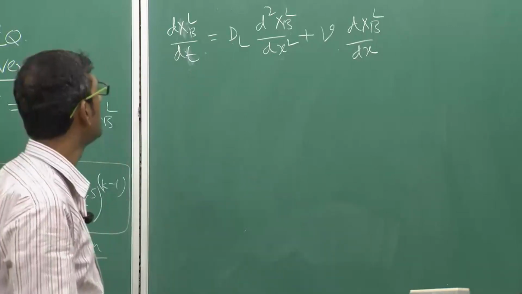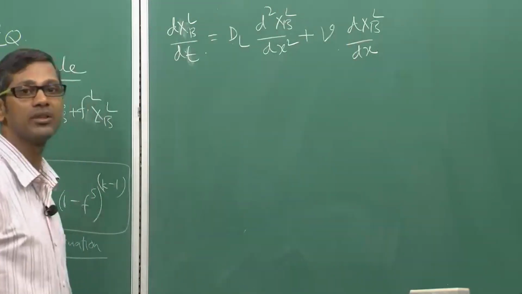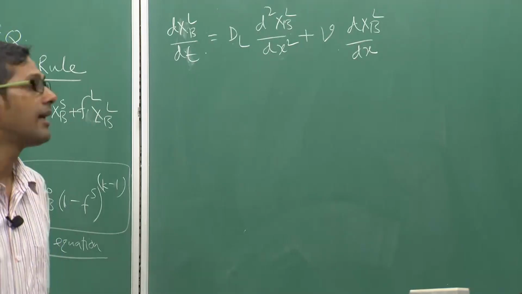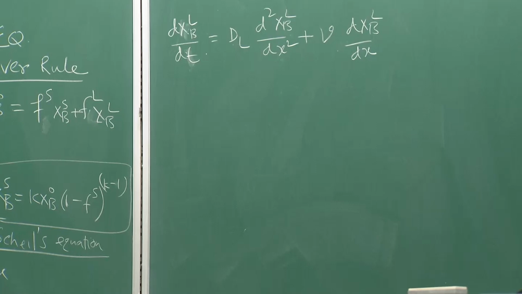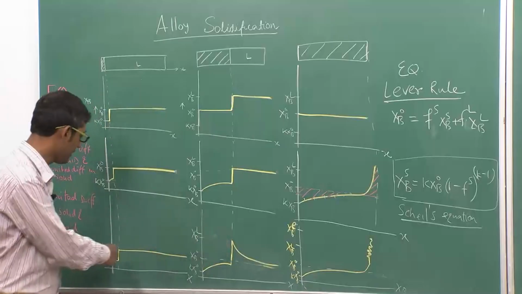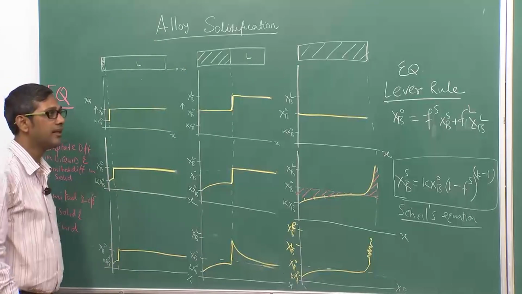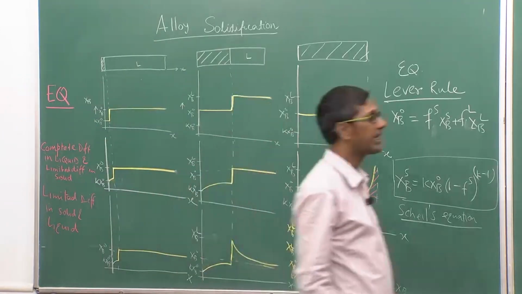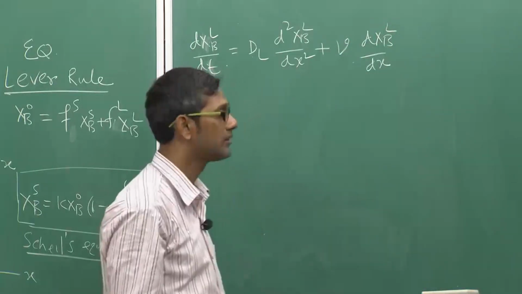Remember this is my diffusion equation, we do not have the third term on the right side of the diffusion equation. That has to be built in here because the interface is moving, it is not a stationary interface. As you see here, as you start solidifying, this interface is slowly moving from the left to the right. So this interface movement will also change the solute balance, that is taken care of in this part.